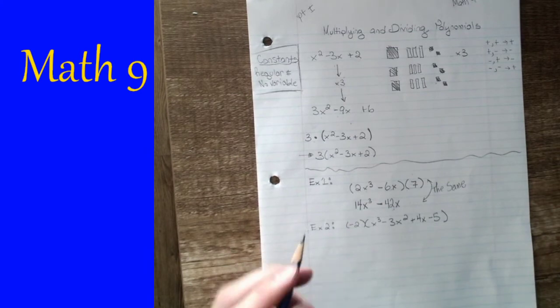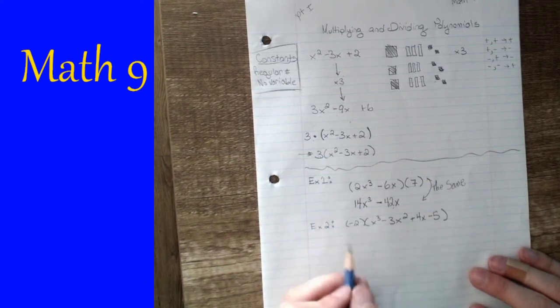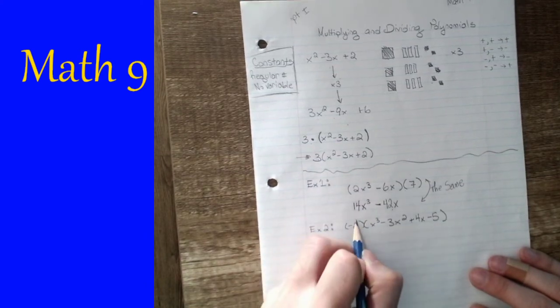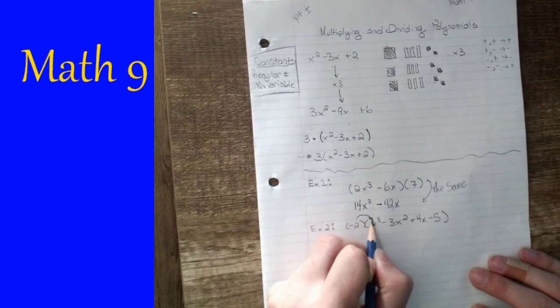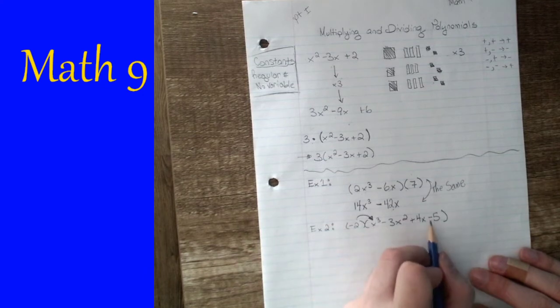And when these start to get a lot of terms and I have to multiply by something, sometimes you'll even see me draw these arrows just to count that I know I'm multiplying everything. I just want to make sure that I don't miss something.